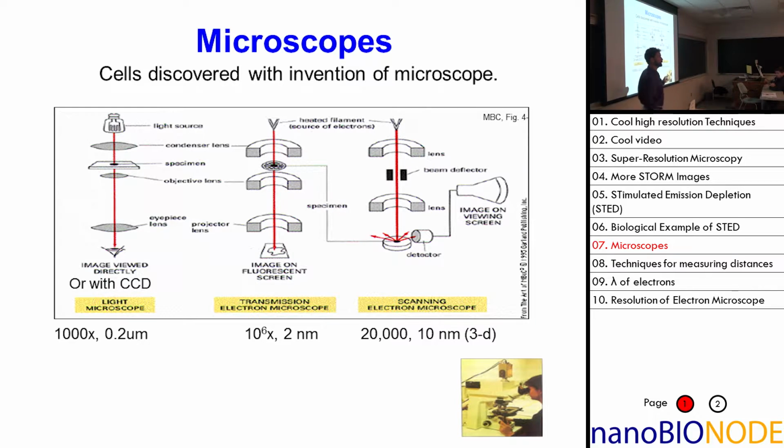You heat the filament enough, and then you accelerate it enough, you will have a light which is at very low wavelength. So you hit it, and then you detect it.